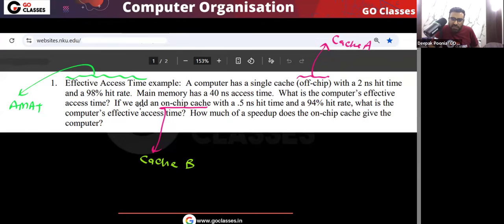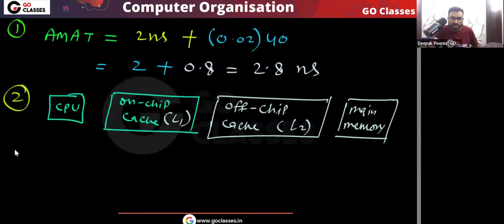So you can see here we have added this on-chip cache with 0.5 nanosecond hit time and 94% hit rate. Now what is the average memory access time? So let's calculate it. When we have multi-level cache memory, we can calculate the average memory access time recursively. The average memory access time will be equal to L1 hit time plus L1 miss rate into L1 miss penalty.